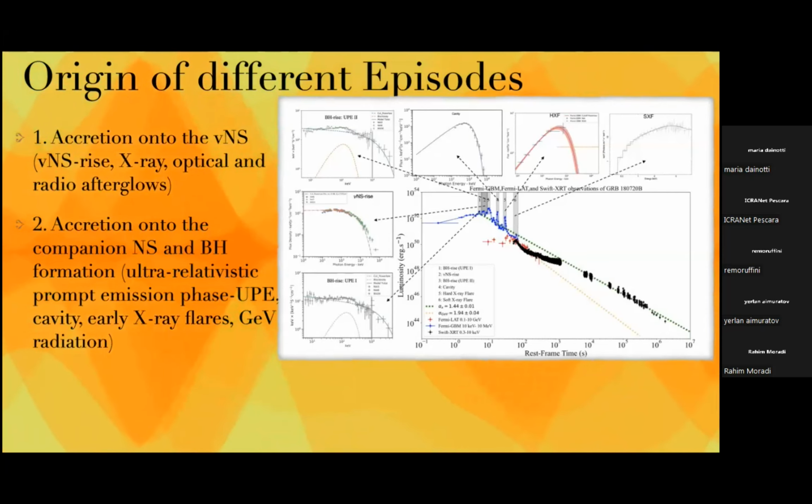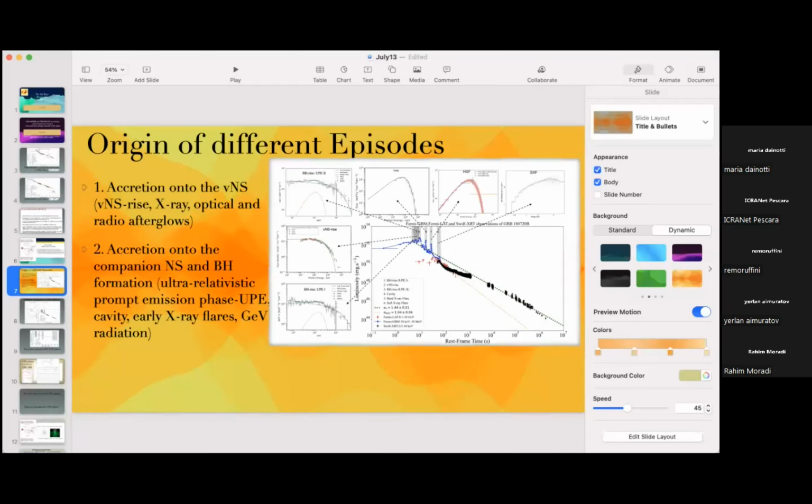Here we have a system of jets. The jets coming out from the UPE phase are repetitive on a time scale of 10⁻⁹ seconds, each one with a Lorentz gamma factor of the order of 200, lasting of the order of 2 seconds.